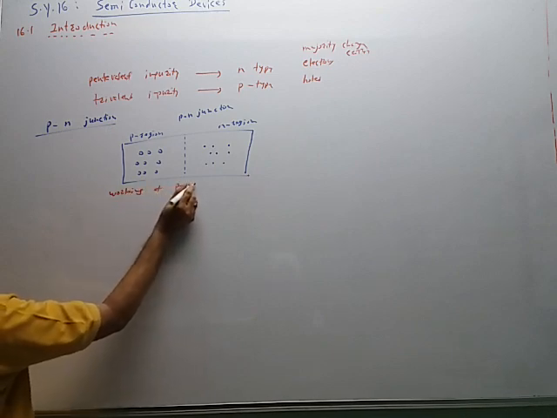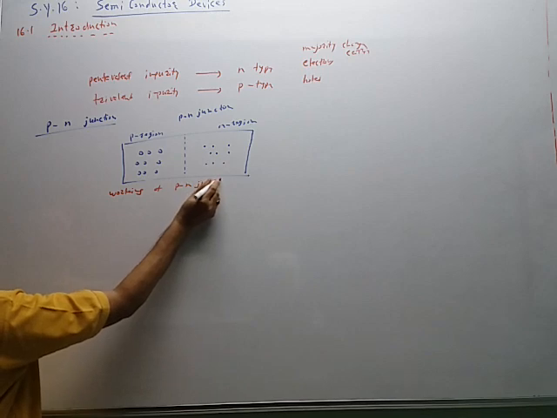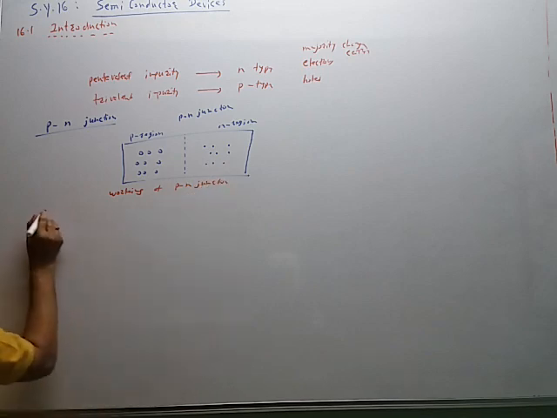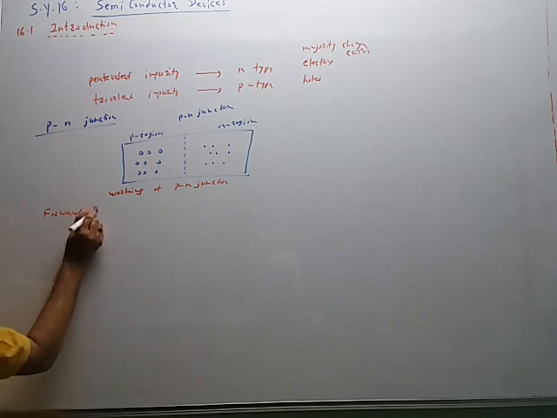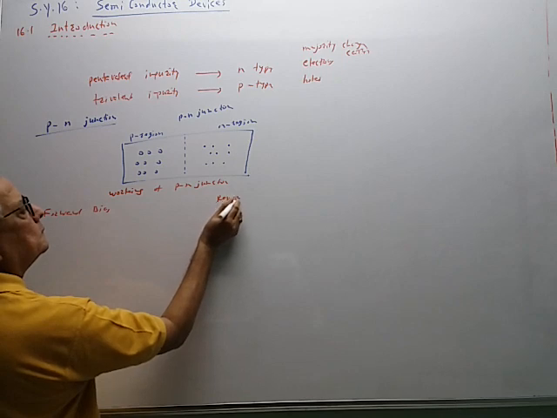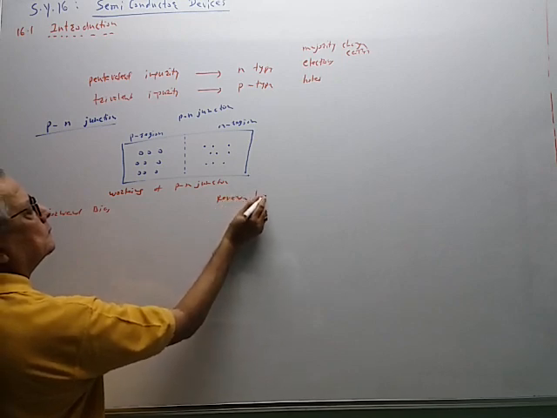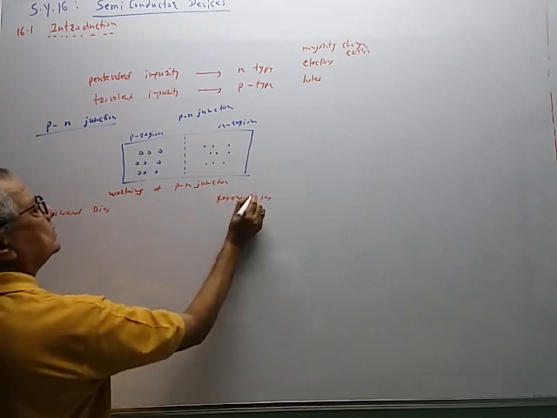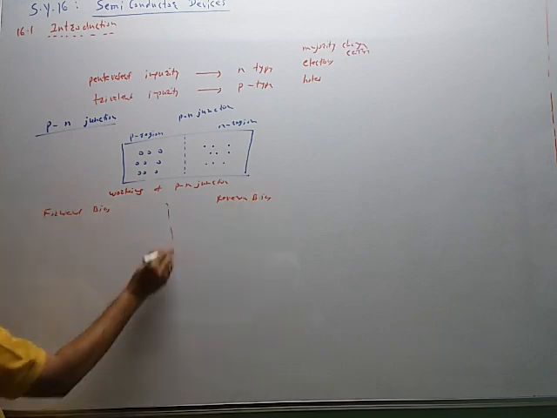So we have seen the working of the PN junction in two parts. Working of PN junction: forward bias, reverse bias. Bias means to apply the voltage.